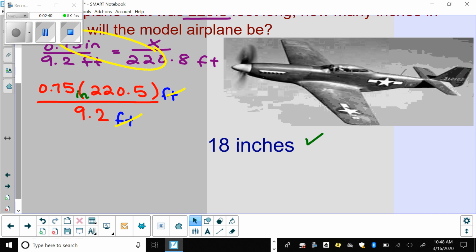By multiplying the 75/100ths with the 220.8 feet, I am able to isolate my X. So this is equal to X, and then I take this product divided by the 9.2, and I get my answer of 18 inches. So the model needs to be 18 inches.